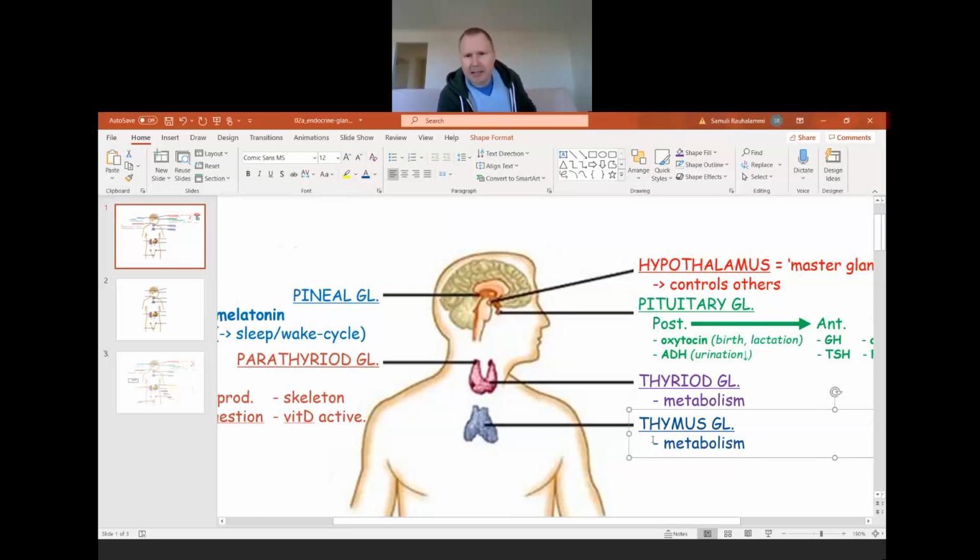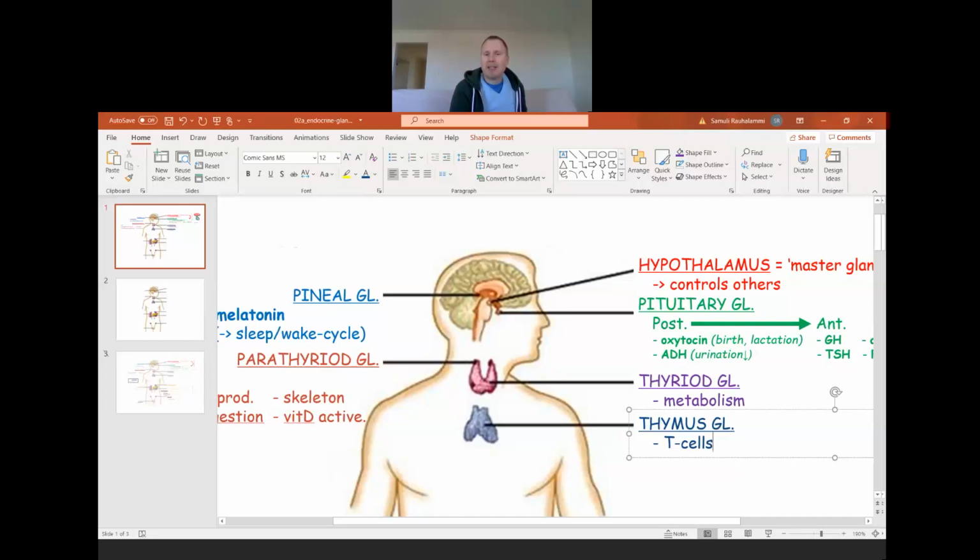What the thymus does is it's going to be especially important in production of the T cells. And we'll talk about T cells and all about that when we talk about our immune system. You might notice that a lot of people are now talking a lot about the immune system with the COVID pandemic and vaccinations and all that. There are two main cell types that play a role in the immune system, B cells and T cells, and we'll have a look at those later on in this course.